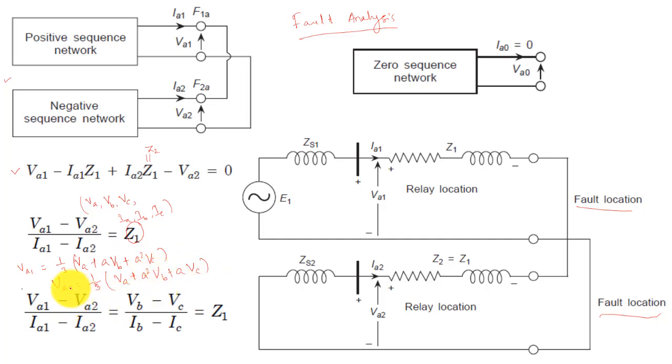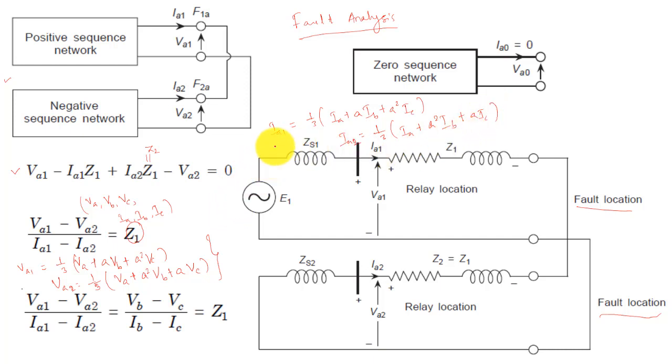Now substituting VA1 and VA2 in this equation, and similarly we can substitute the currents as well. IA1 is equal to 1 by 3 of IA plus a IB plus a square IC. Similarly IA2 is equal to 1 by 3 of IA plus a square IB plus a IC.